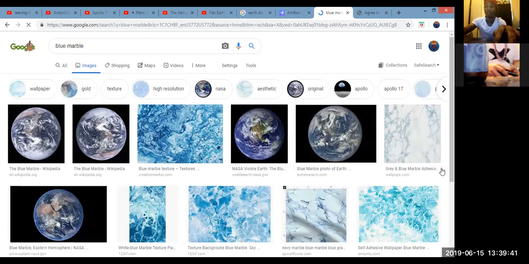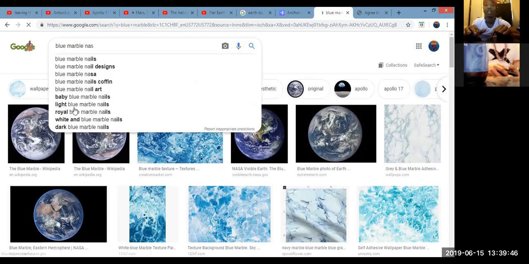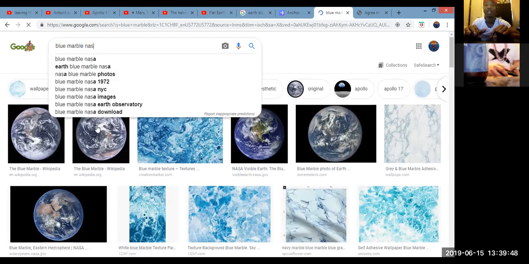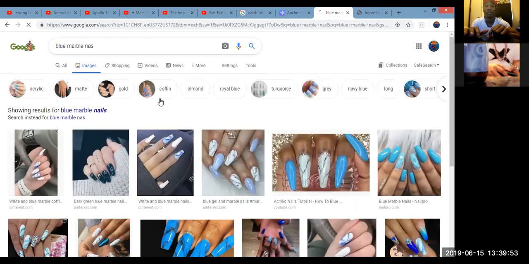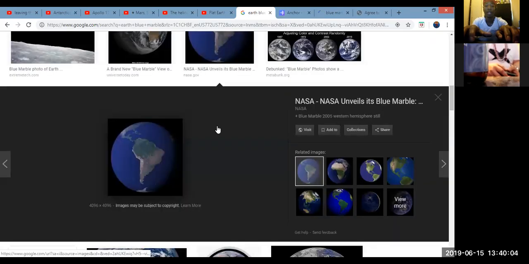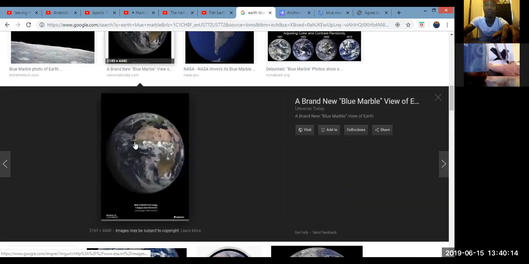Let's look at the NASA image of the blue marble. All right, this is one of the NASA images of Earth, right? This is something that we were given. Look at this right here.